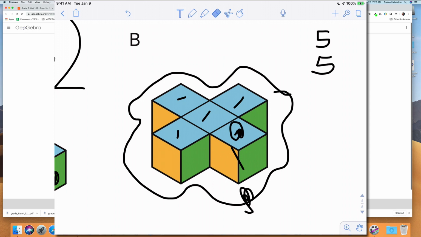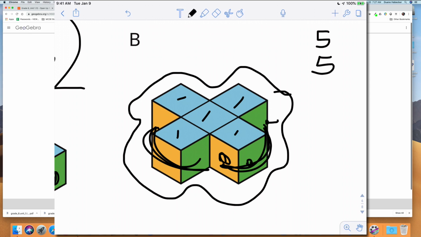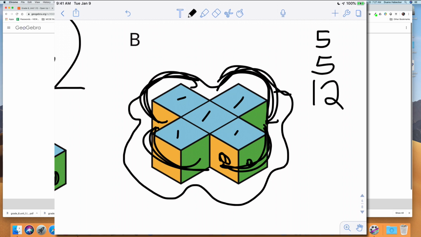So now we need to think about this outside part right here. So it's 1, 2, and then the back side is 3. So this guy has 3, this guy has 3, this guy has 3, and this guy has 3. So that's 12, because 4 times 3 is 12.